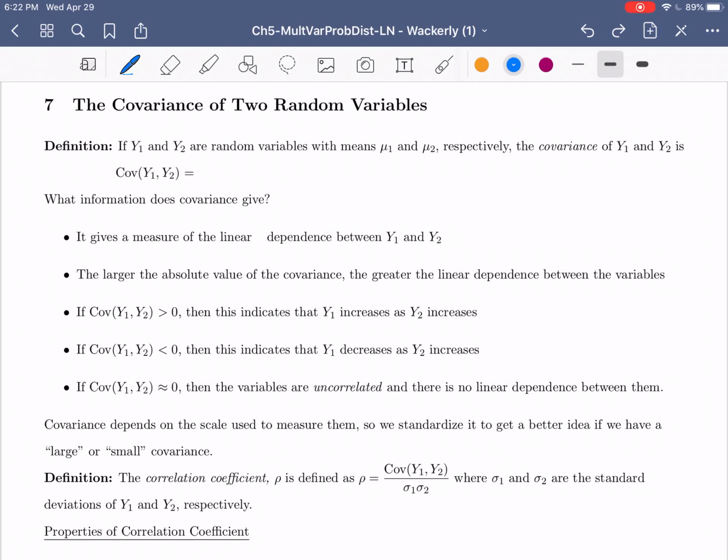In this video, we're going to take a look at the covariance of two random variables.